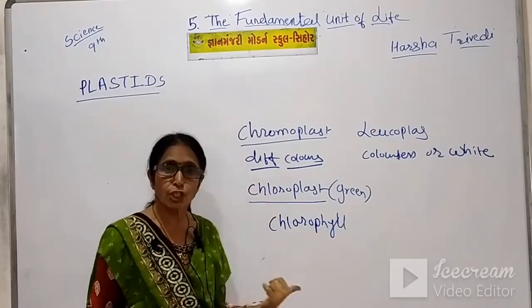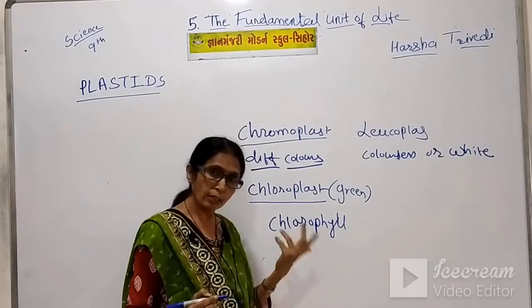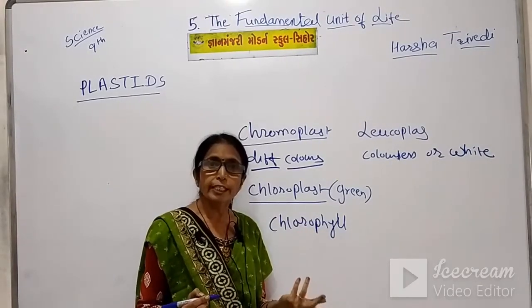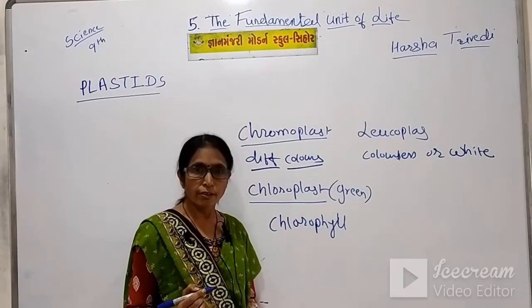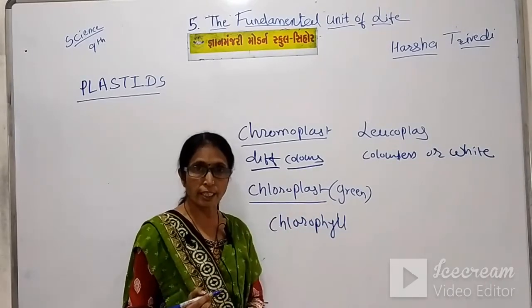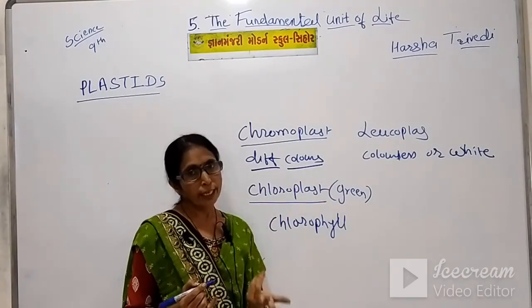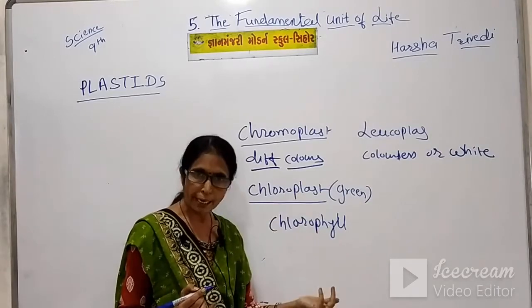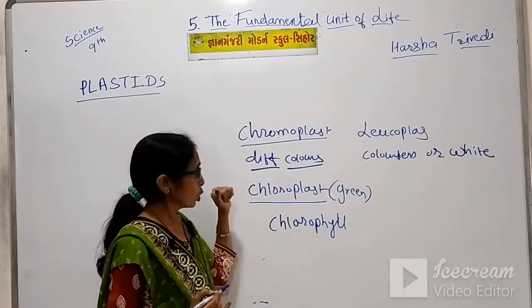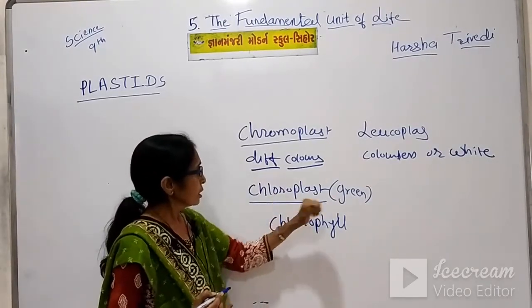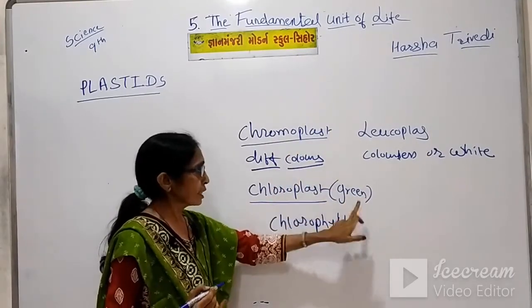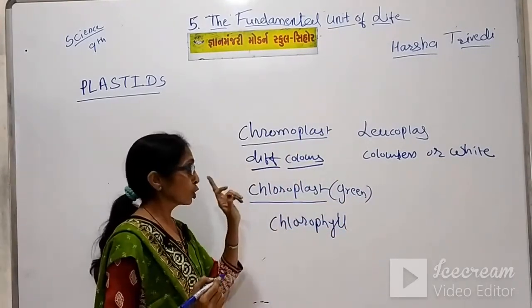And what is the function of chloroplast? It does the process of photosynthesis, that is, making food for the plant. So if the chromoplast is green in color, then it is called chloroplast.